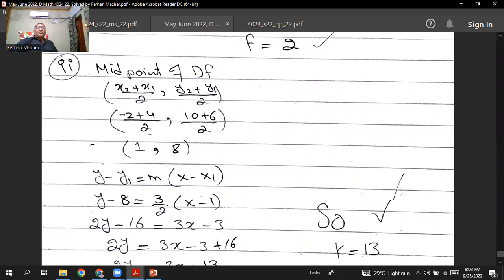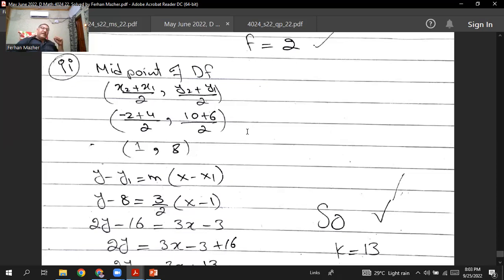Minus 2 plus 4 by 2, that is 2 by 2, which is 1. And 10 plus 6 by 2, that is 16 by 2, which is 8. So the coordinates of the midpoint are (1, 8).